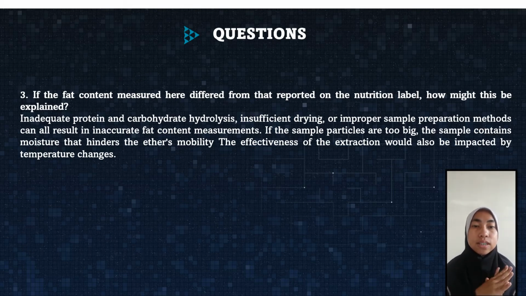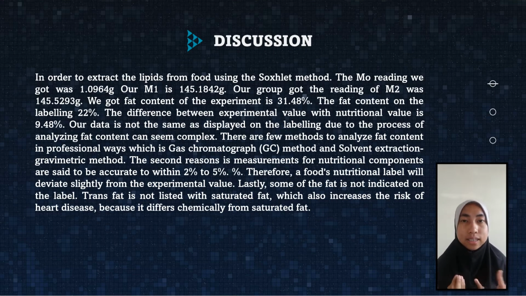The effectiveness of extraction will also be impacted by temperature changes. Finally, rounding regulations may cause variations in the amount of fat on nutrient labels. To do this Soxhlet method, first thing first, we need to know the step by step.